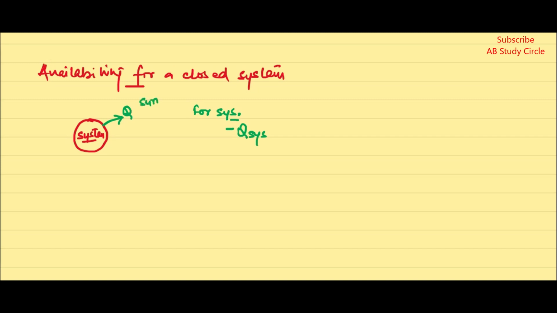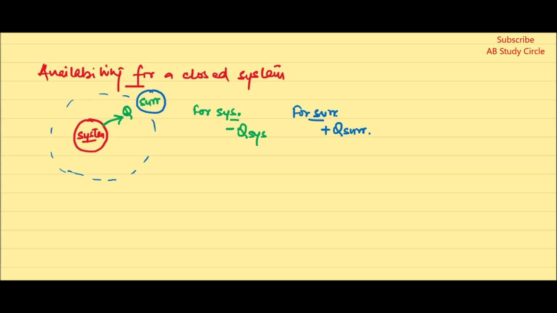The whole space external to the system is the surrounding. For the surrounding, this heat rejected by the system, Q, will be positive, because it will absorb that heat.